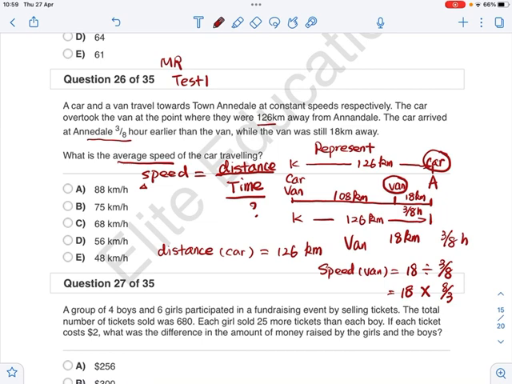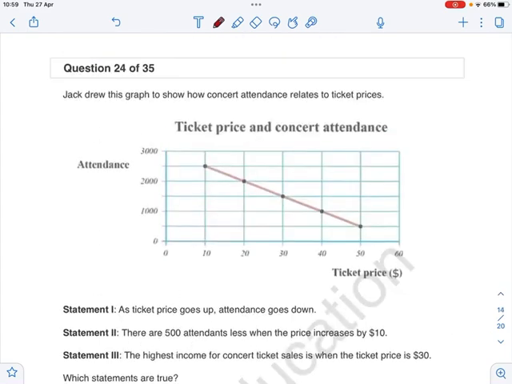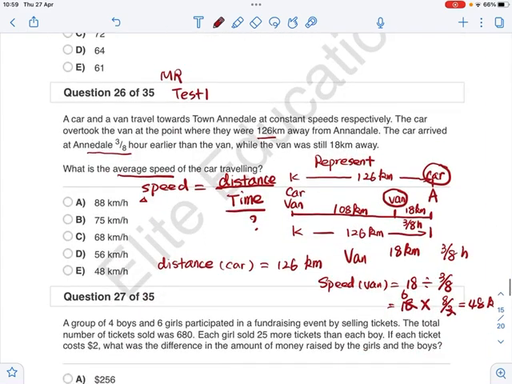We keep the number, flip the fraction, and change the operation. I shortened it to KFC, which is easy for students to remember. So the speed is going to be 48 kilometers per hour. That is the speed of the van.